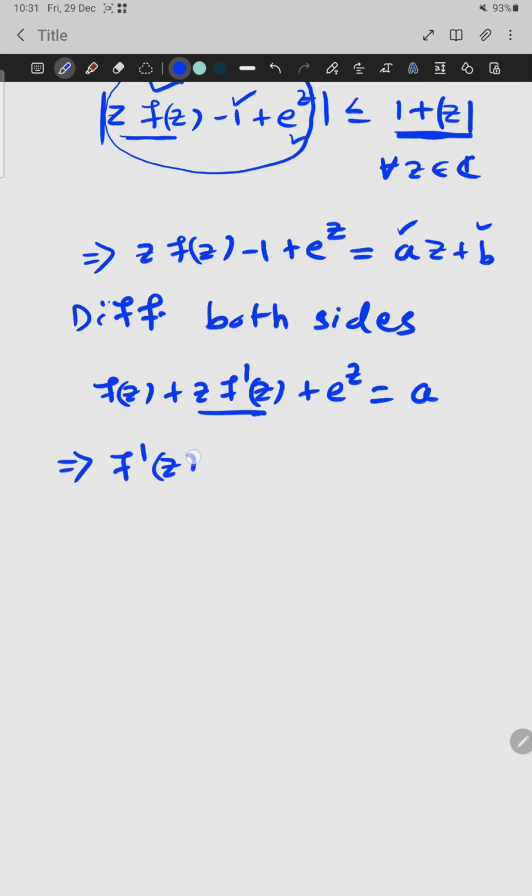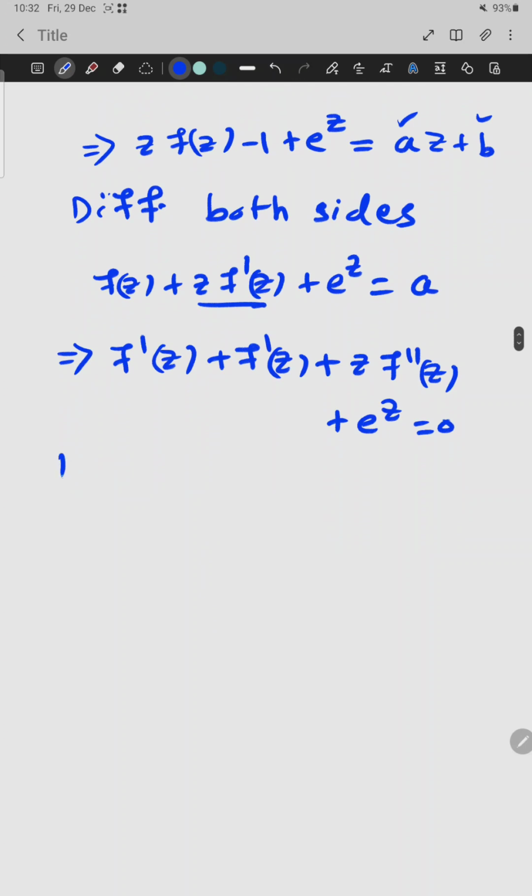It gives f'(z) + f'(z) + z f''(z) + e^z equal to 0. Now put z equal to 0.